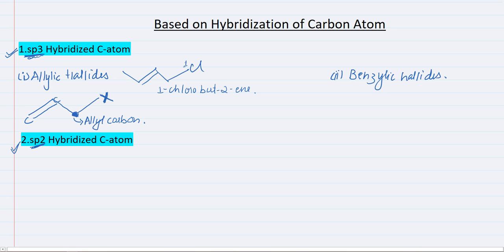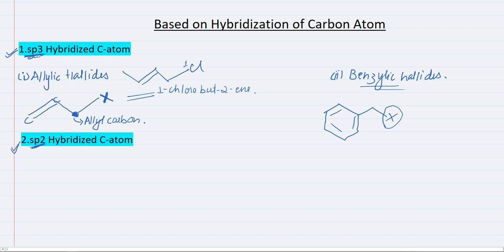So if you have your benzene ring here, and you have your halogen atom X attached to it, then we will say that this is your benzylic halide, where X could be anything. It could be any halogen atom from fluorine to iodine.